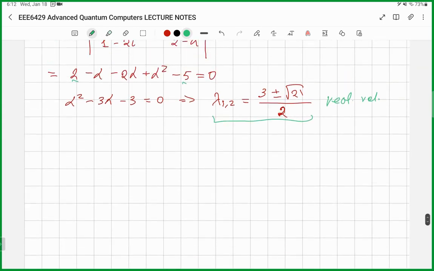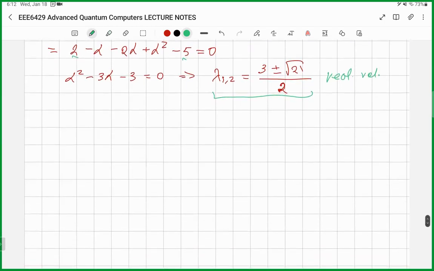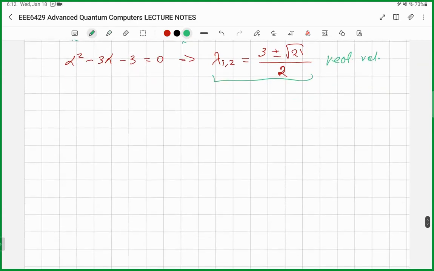So you will get a chance to practice with that. And the important point here is that for these real valued eigenvalues, there will be two corresponding eigenvectors. These eigenvectors will be orthogonal. They will be orthogonal. And you can check that yourself.